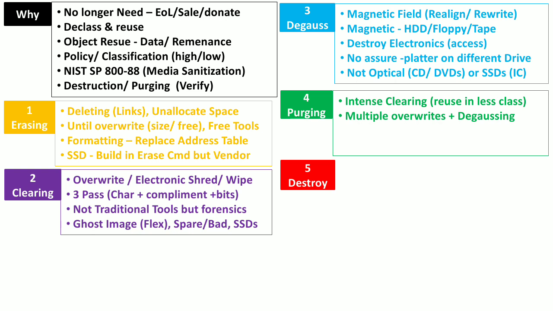So purging involves multiple overwrites in combination with degaussing, and this is not a valid technique for top secret data because there may be unknown techniques which may recover the data which is sanitized even by using this process.